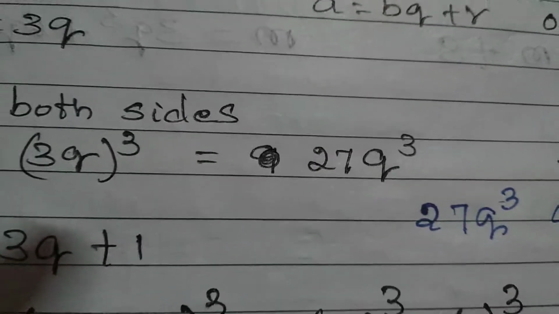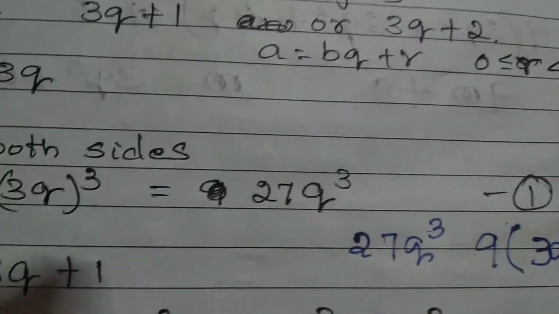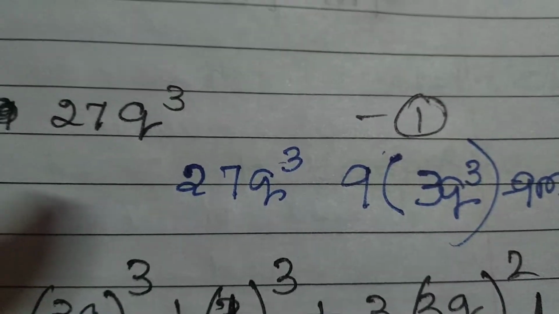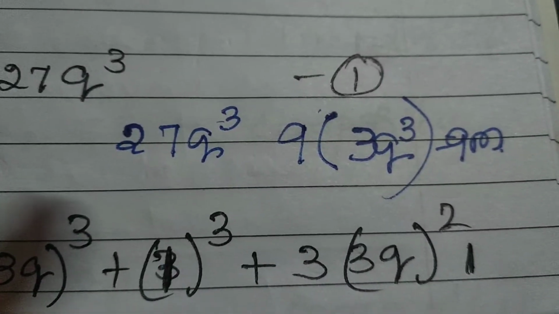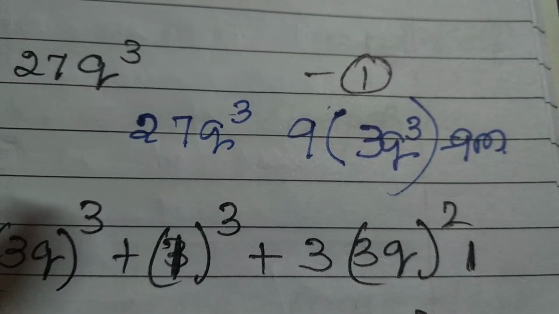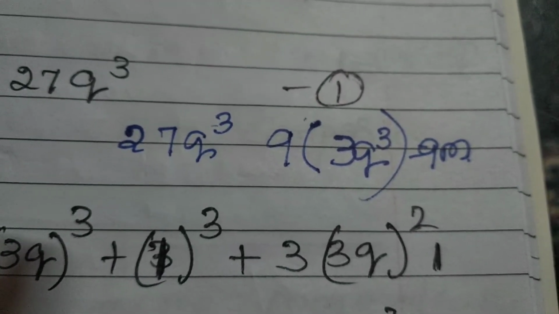So after that, you can see 3 into 3 into 3 is 27, q cube. So it should be in the form of 9m, right? So take 9 as a common factor. If you take 9 as a common factor, you will get 3q cube.